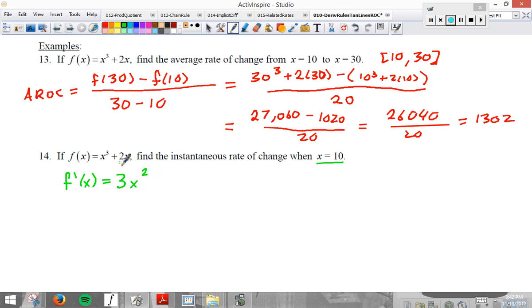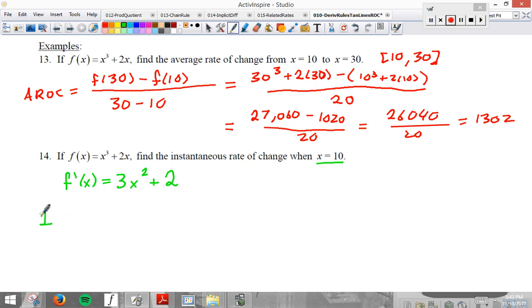The derivative of 2x. This is a line with a slope of 2. So what's the derivative? It's just 2. You could also say it's 2x to the 1, 1 times 2 is 2. But I don't think that's good. We're going to have to get to the point where we know the derivative of 2x is 2. The x sort of just pops off.